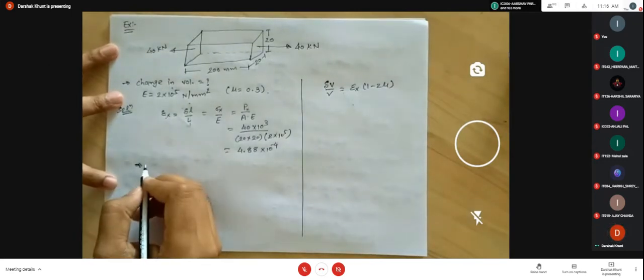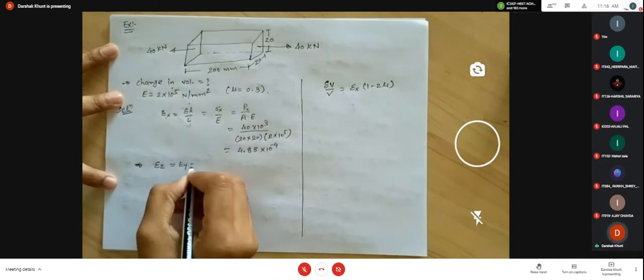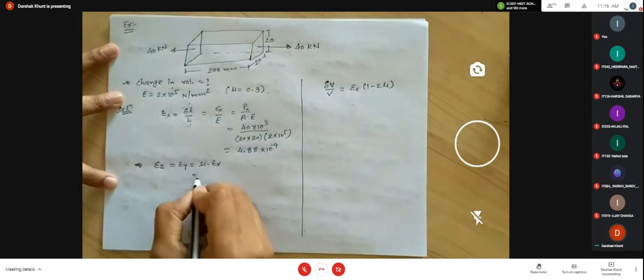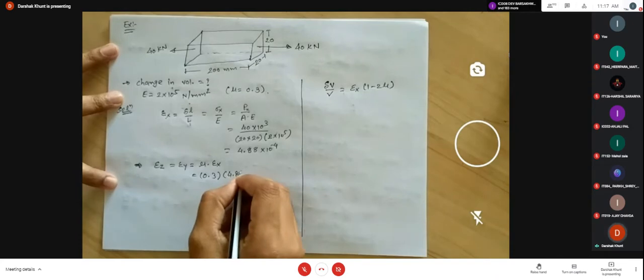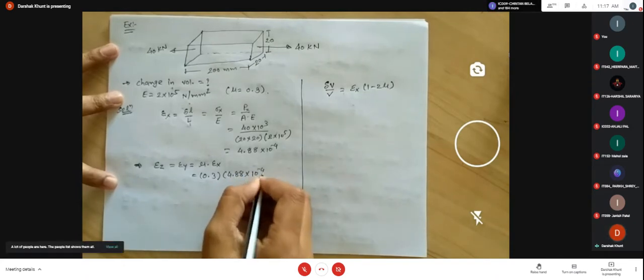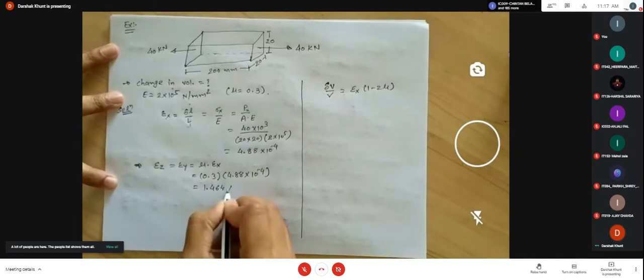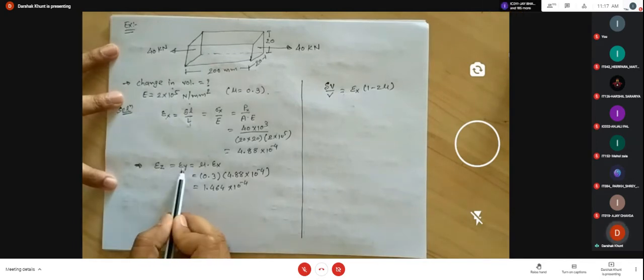So now find the strain in the z direction or the strain in the y direction. So mu into strain in x direction. So mu is 0.3 and the strain is 4.88 into 10 raised to minus 4. So we get 1.464 into 10 raised to minus 4. Okay. So that represents the strain in the z and y directions.